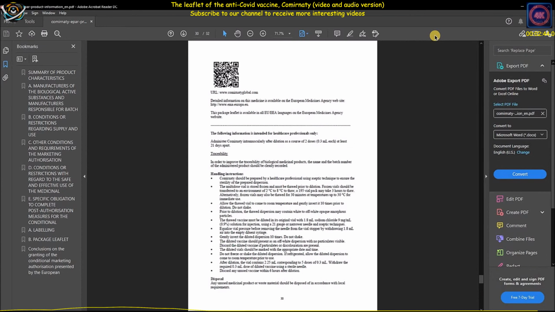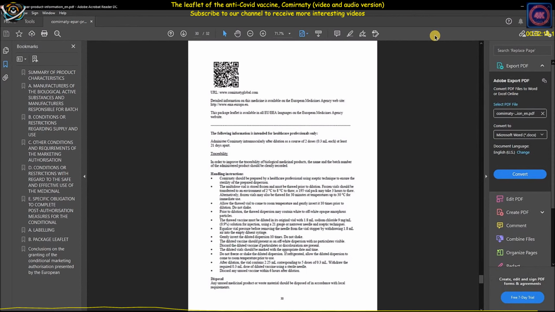Handling instructions: Comirnaty should be prepared by a healthcare professional using aseptic technique to ensure the sterility of the prepared dispersion. The multi-dose vial is stored frozen and must be thawed prior to dilution. Frozen vials should be transferred to an environment of 2 degrees Celsius to 8 degrees Celsius to thaw. A 195 vial pack may take 3 hours to thaw.